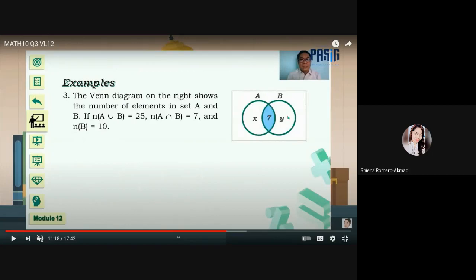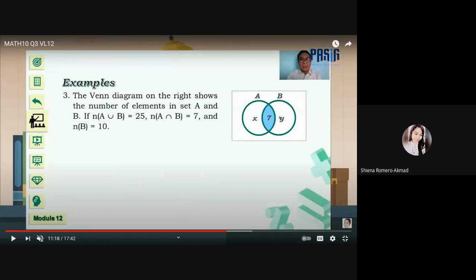Doon muna tayo sa Y. Ang number of elements daw dito sa event B is 10. So ano yung Y natin? 3. 3, correct. So if this is 3, this is 7, their sum is 10.